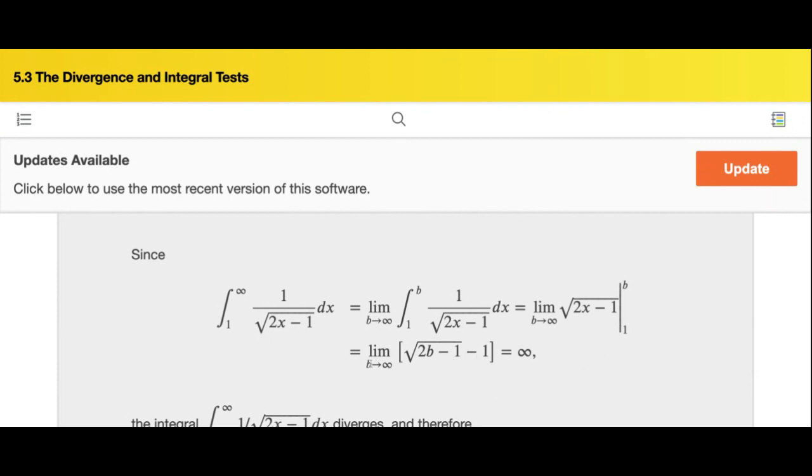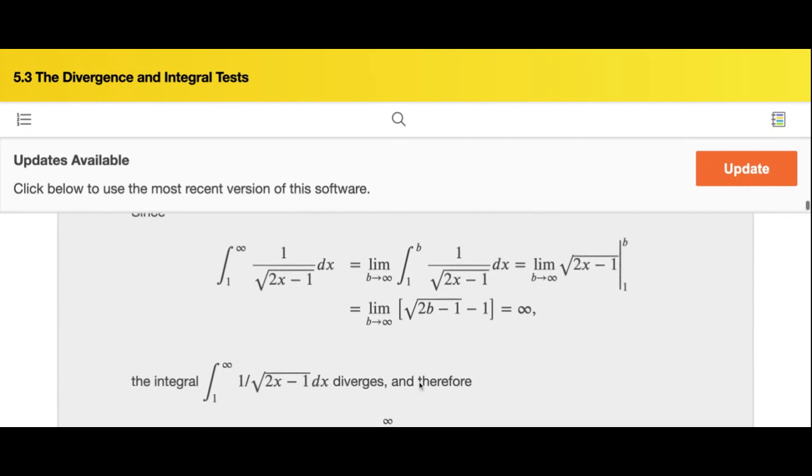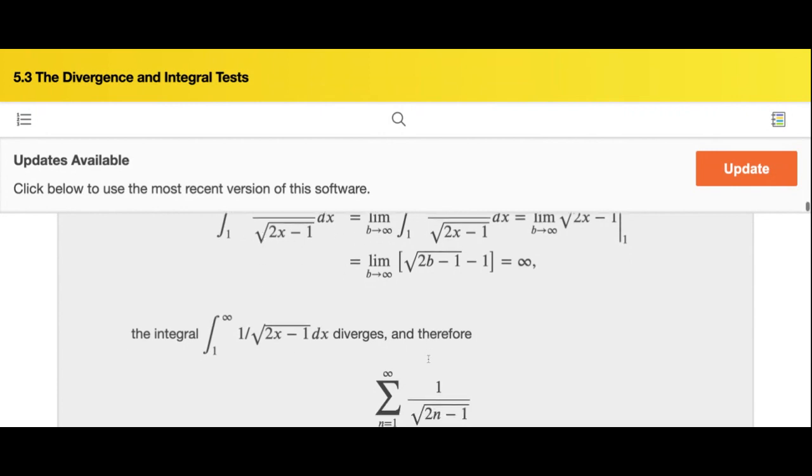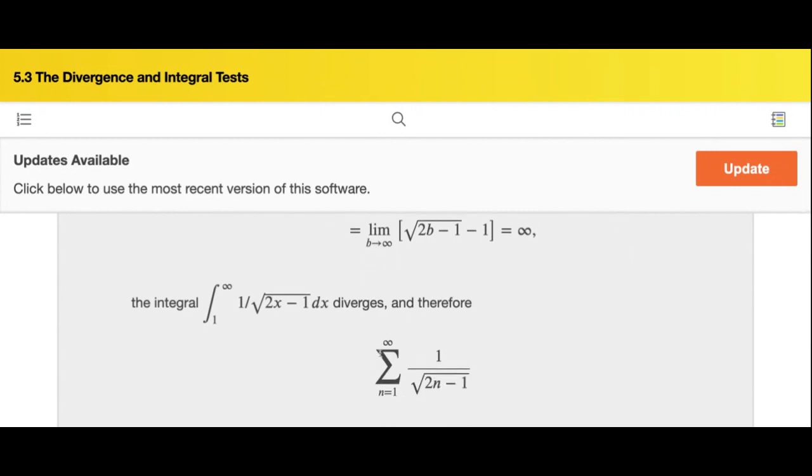Now, problem. When b approaches infinity, square root of 2b minus 1 also approaches infinity. So this goes to infinity. Now we can conclude. Because this improper integral diverges, the other one diverges, right? So this one diverges.